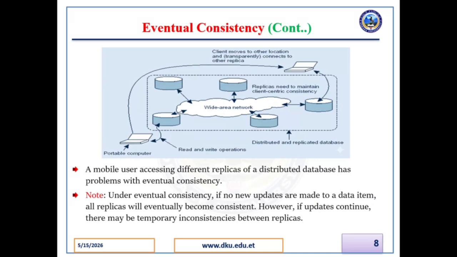But this situation may not work most of the time. A mobile user accessing different replicas of a distributed database has problems with eventual consistency. Note, under eventual consistency, if no new updates are made to a data item, all replicas will eventually become consistent. However, if updates continue, there may be temporary inconsistencies between replicas.